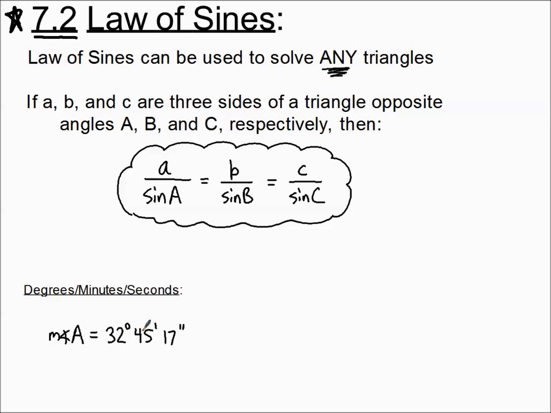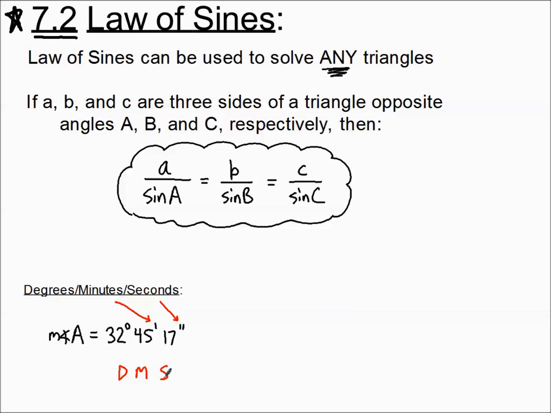Every single degree is actually broken up into 60 tinier units called minutes, and this is your minutes symbol. As tiny as minutes are, each minute can actually be divided into 60 tinier units called seconds, and that's the symbol for seconds. So we can get pretty exact when we're measuring our angles if we use degrees, minutes, and seconds, or DMS.